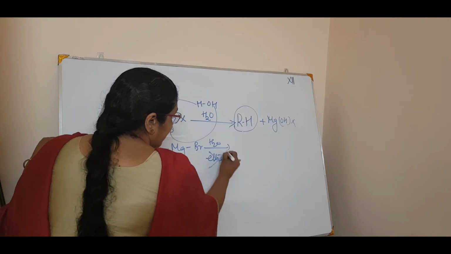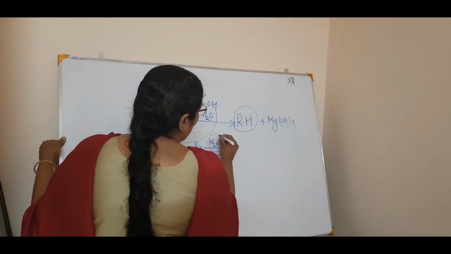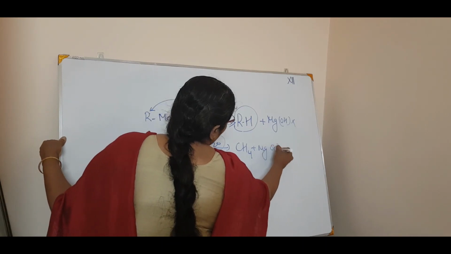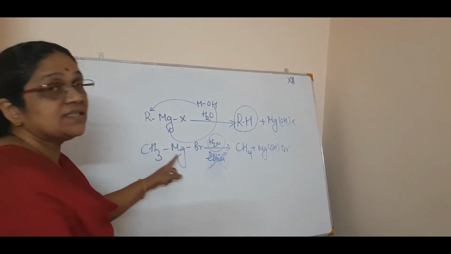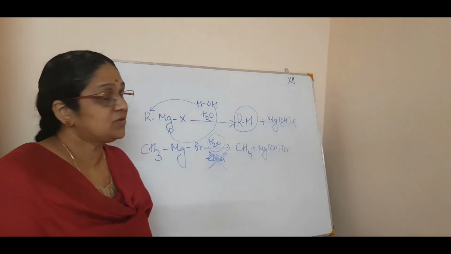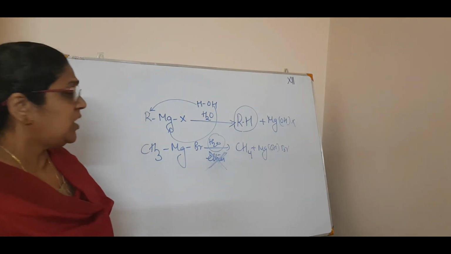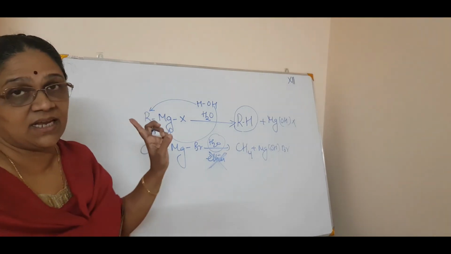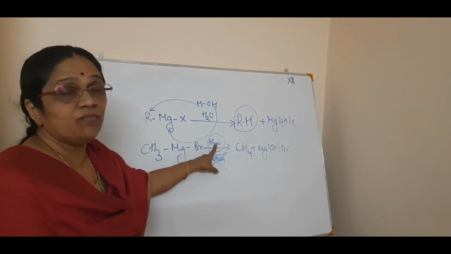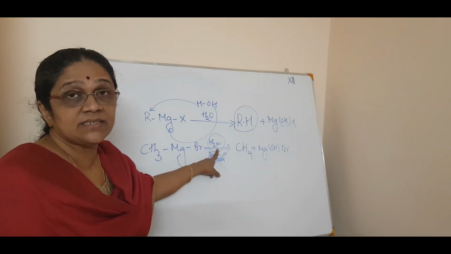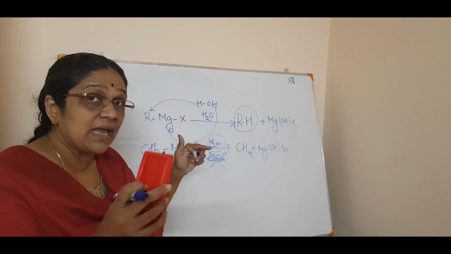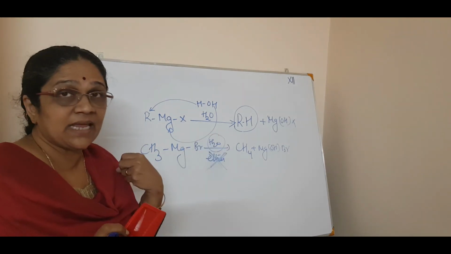Not in the presence of ether but in water, you will get CH4 plus Mg(OH)Br. See, this is the product. So this is the only one reaction we have to study in the Grignard's reagent. First is the preparation. Other than that, what is the product when Grignard's reagent reacts with water or moisture or any acid, for example CH3COOH, the H will get abstracted.